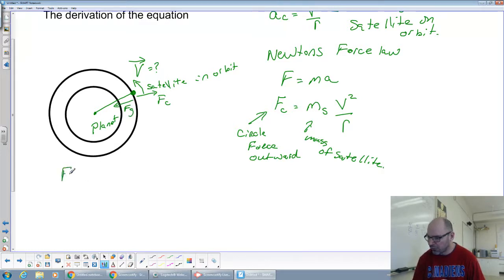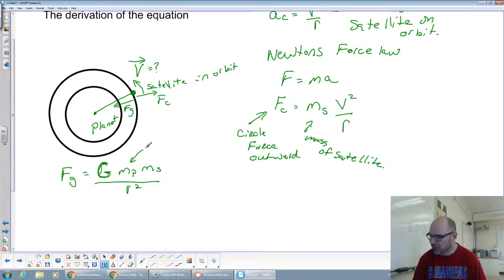Now we know the force of gravity, from Newton's law of universal gravitation, is the gravitational constant, capital G, times the mass of the planet, times the mass of the satellite, divided by the radius squared.